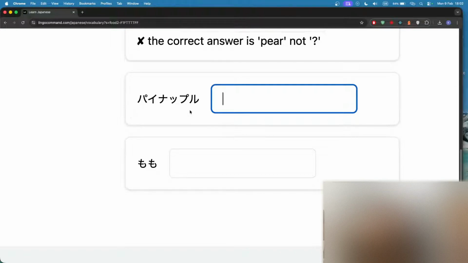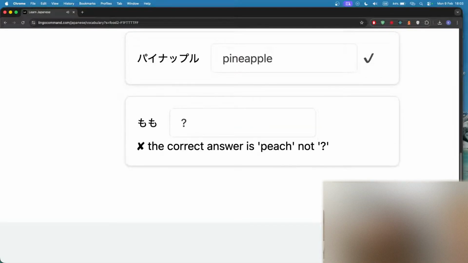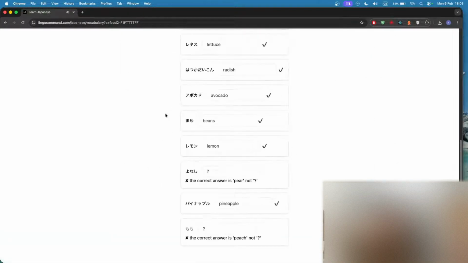Pineapple. Pineapple is a loan word. It means pineapple. And momo. What does momo mean? Excuse me, sorry. I don't know this one either. It means peach.